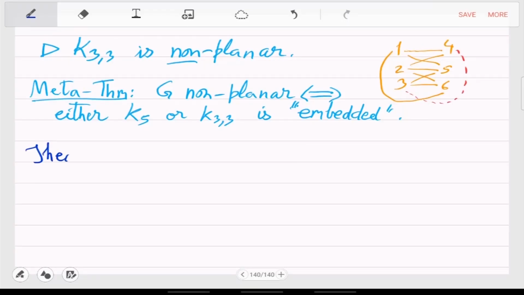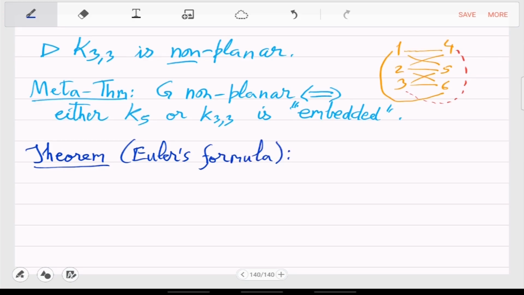And the final thing I want to show is Euler's formula. Which is a very old formula, but it reappears in many areas of mathematics in various forms.